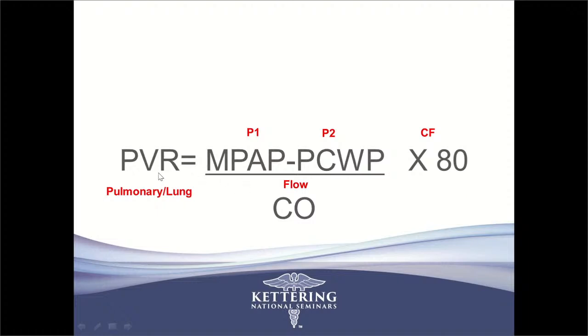Same thing for pulmonary. It's a beginning pressure, P1, minus an ending pressure, divided by flow, times the conversion factor. What's the beginning pressure in the lung circulation? It is the pulmonary artery. So the mean pulmonary artery pressure is P1. What's the ending pressure in the lung circulation? It is the pulmonary capillary wedge pressure, which is the pressure of blood going into the left atrium, right?